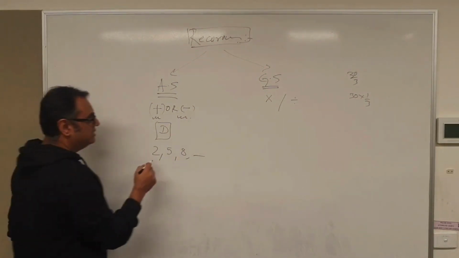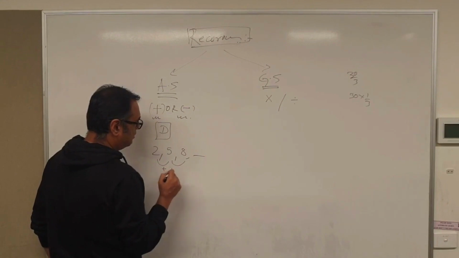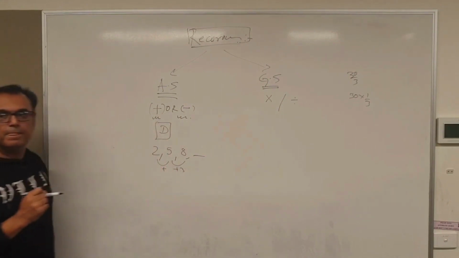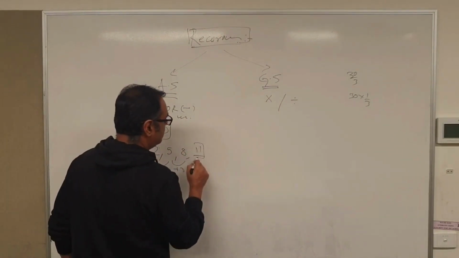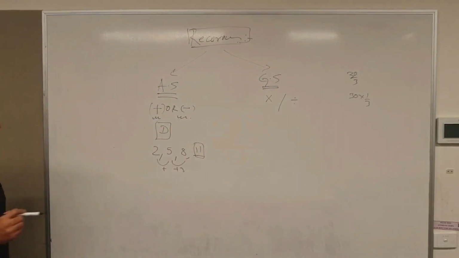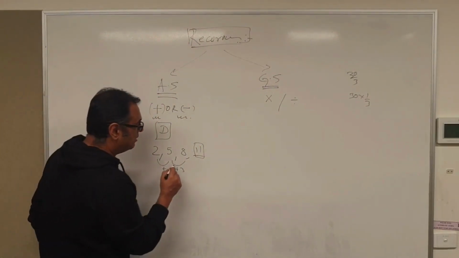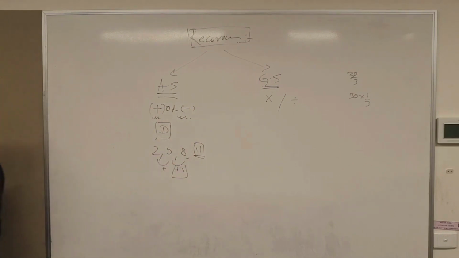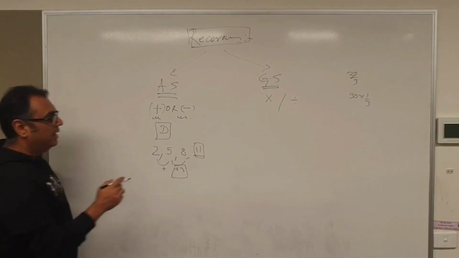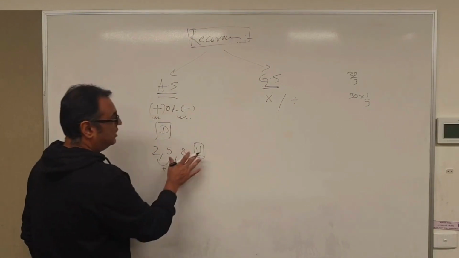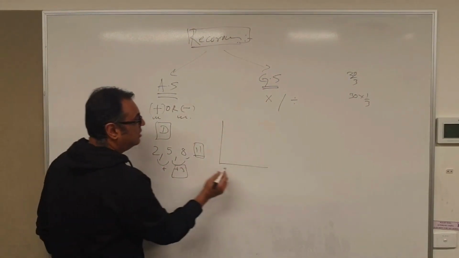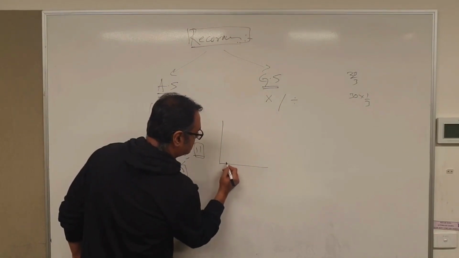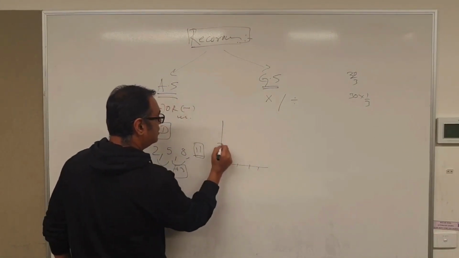You'll say, okay, it's 11 because you're going up by 3 every time, right? So the next number will be 11. What is the common difference here? 3.